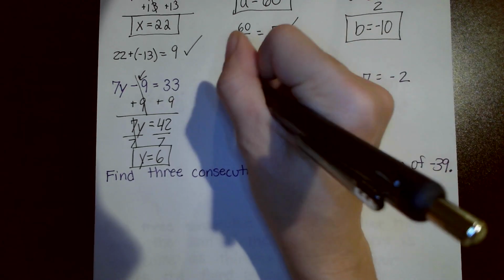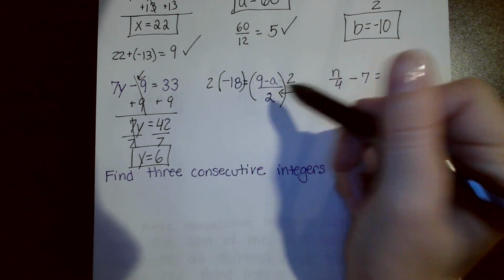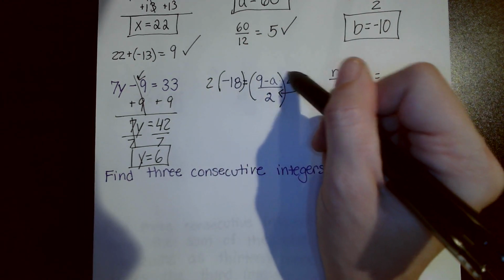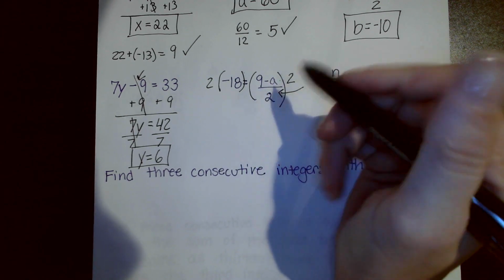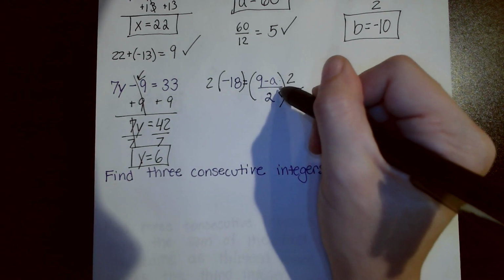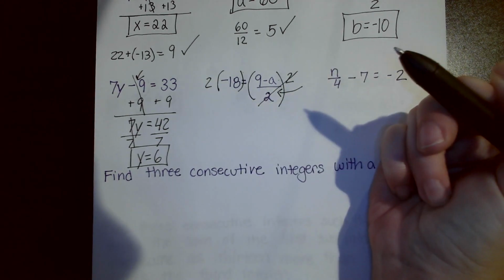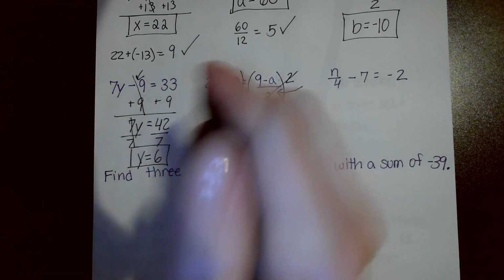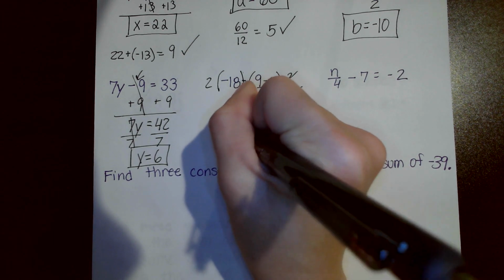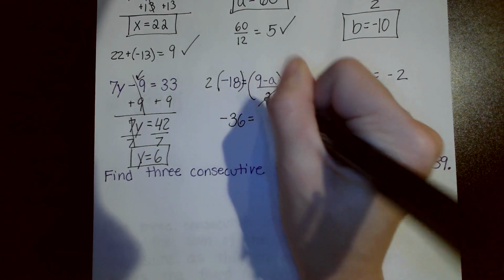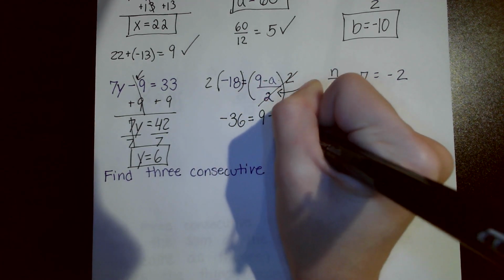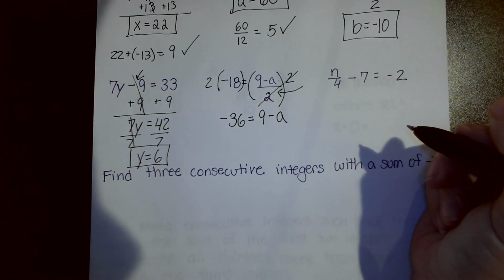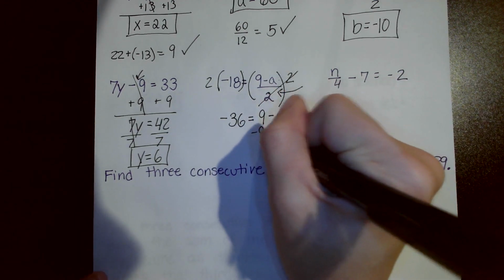So I multiply. Now, because the 2 is down here, we're not actually distributing or multiplying the top by anything, because 2 times the division of 2 cancels out. So that leaves us with 18 times 2, but it's negative. So -36 equals 9 minus a. From here, we want to subtract 9.